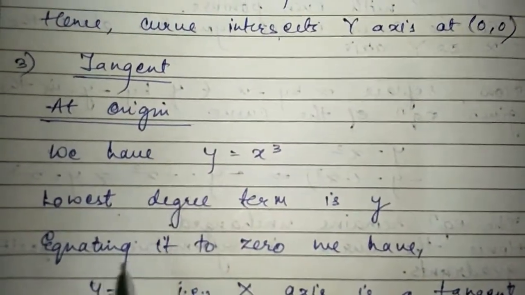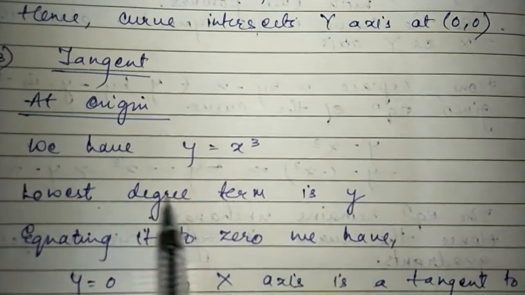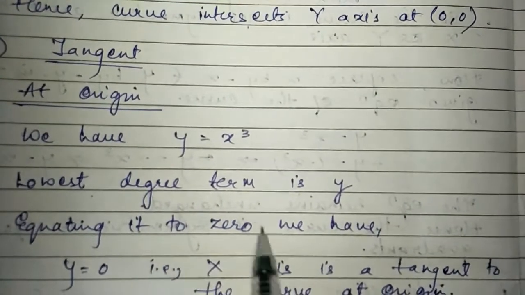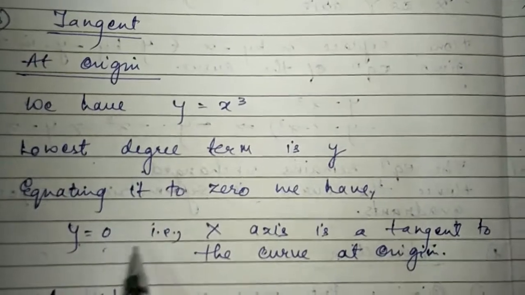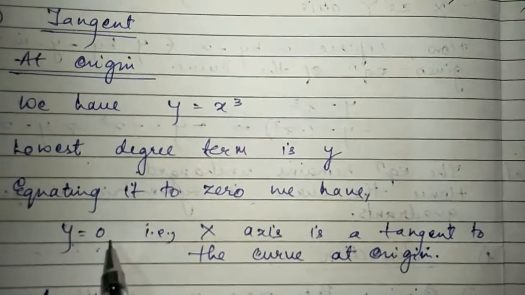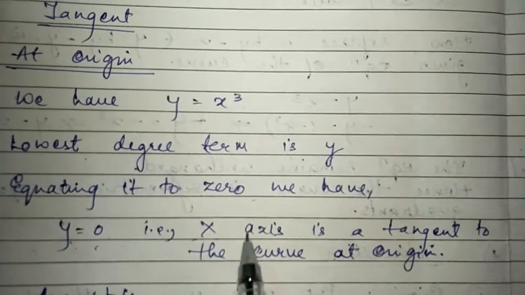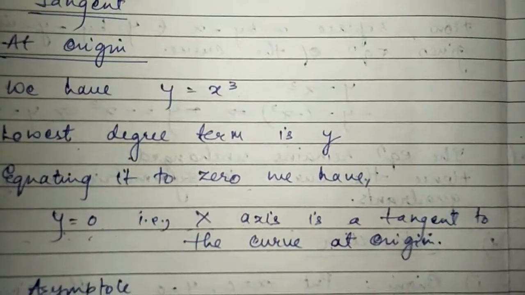First at the origin. We have y is equal to x cube. The lowest degree term here in this equation is y. We'll equate it to 0. So what we have is y is equal to 0. That means x-axis, because y is equal to 0 is the equation of the x-axis. So we can say that the x-axis is a tangent to the curve at origin.